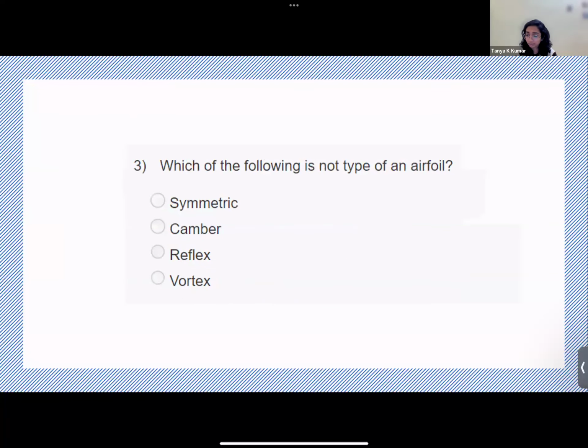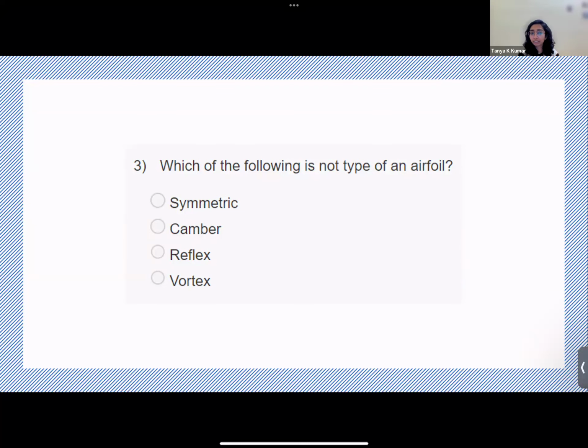Okay, next. Which of the following is not a type of airfoil? Very simple questions. Vortex, yeah. So symmetric airfoil, we know, cambered, we know, reflex where it has a slight curvature upward.